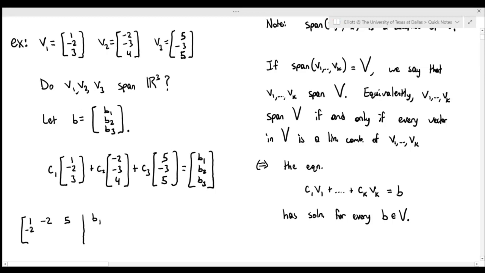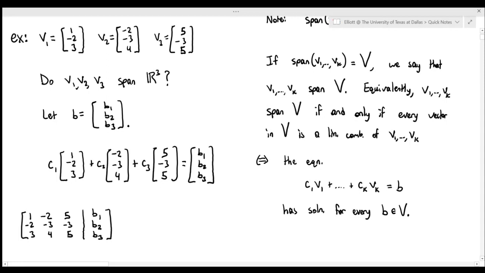Next we'll have -2, -3, -3, B2. And then finally we're going to have 3, 4, 5, and B3. Now we want to begin doing some row operations, trying to see if there will be a solution to this.